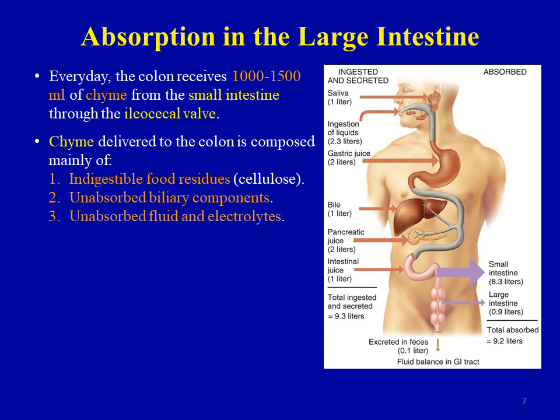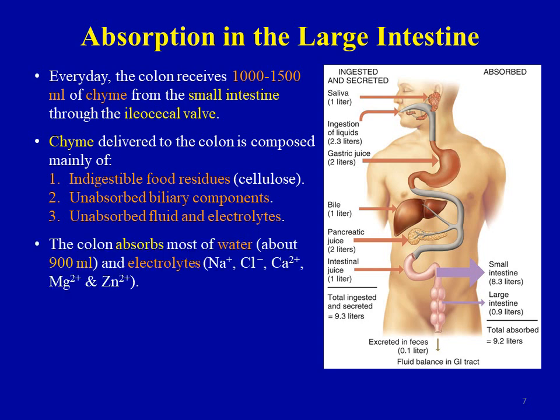We said the colon secretes potassium and bicarbonate, but the ions that are absorbed are sodium, chloride, and the divalent cations, like calcium, magnesium, and zinc. The absorption of divalent cations requires a slightly acidic environment, and we know that the pH in the colon is slightly alkaline, so we'll see how the microbiota can help in the absorption of these divalent cations later on.